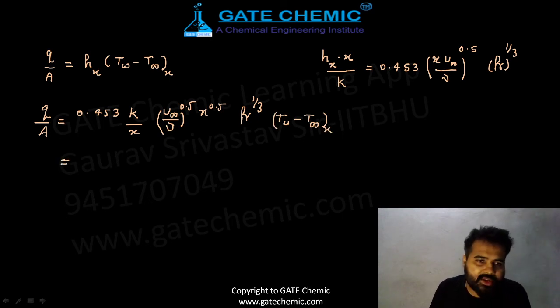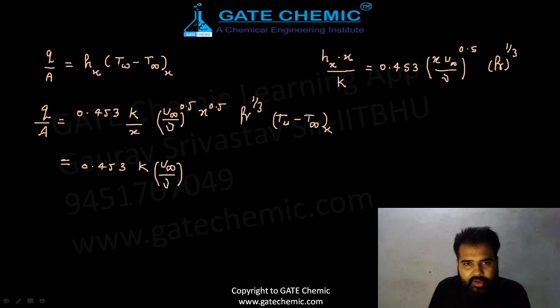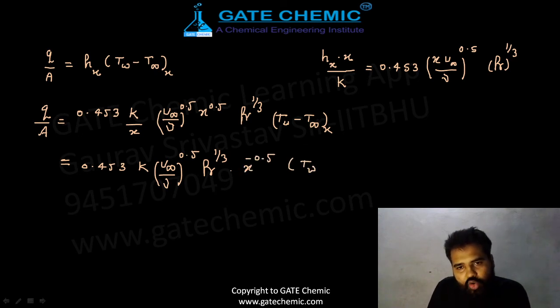Now you can see here beta, it will come 0.453 and k into u infinite by nu to the power 0.5 and Prandtl number to the power 1 by 3, and here you will get x to the power minus 0.5 and T_w minus T infinite at x.